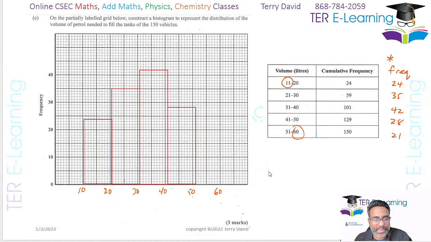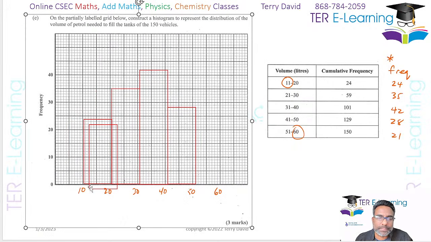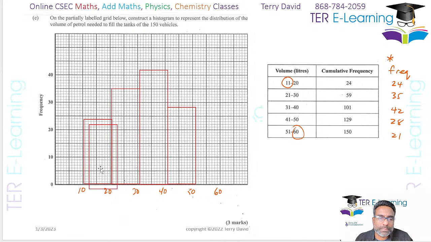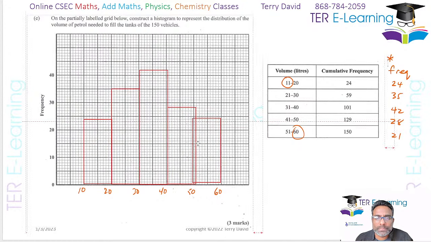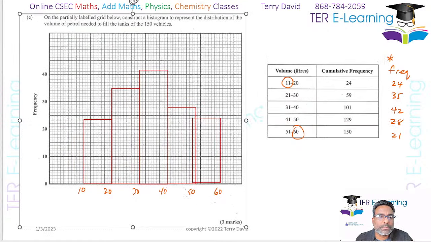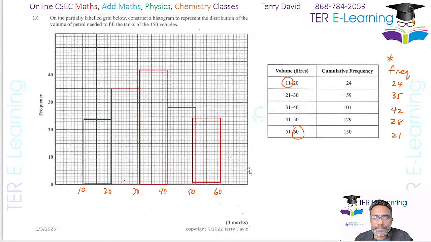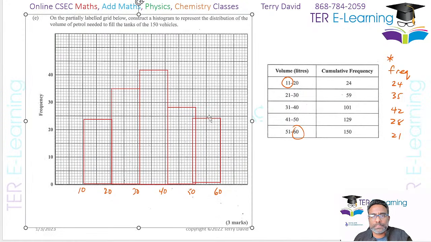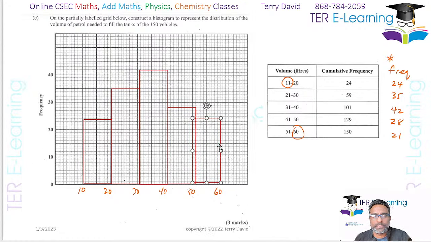And the last one is 21. That's it, so that's my histogram here.